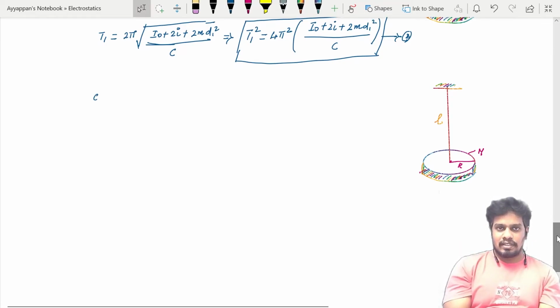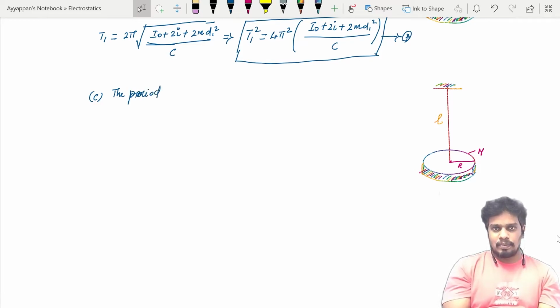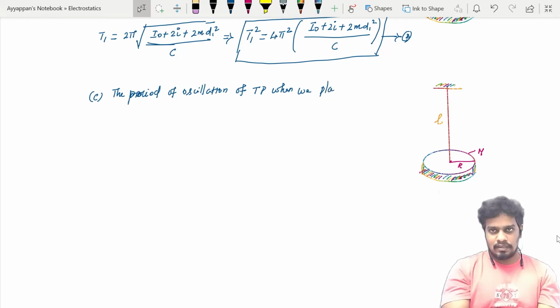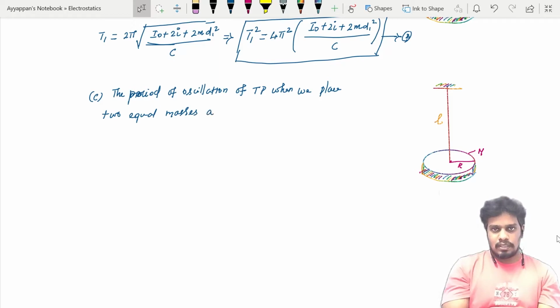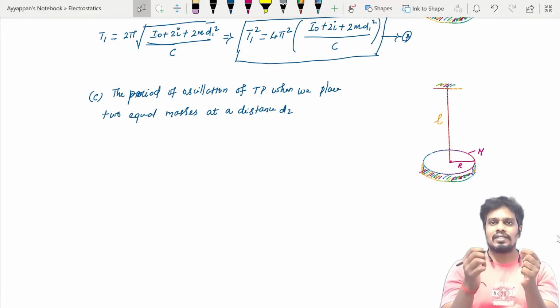So we are going to repeat this experiment for the time period of oscillation of the torsional pendulum when we place two equal masses at a distance d2. What is the period of oscillation?